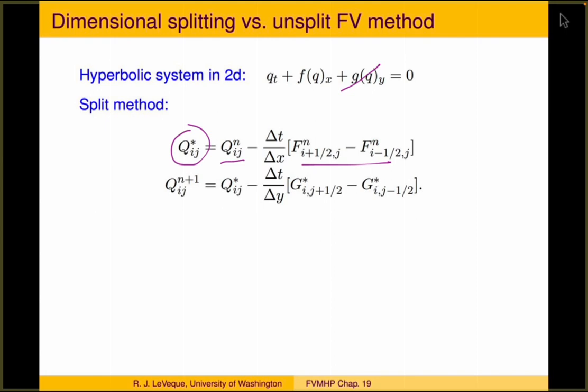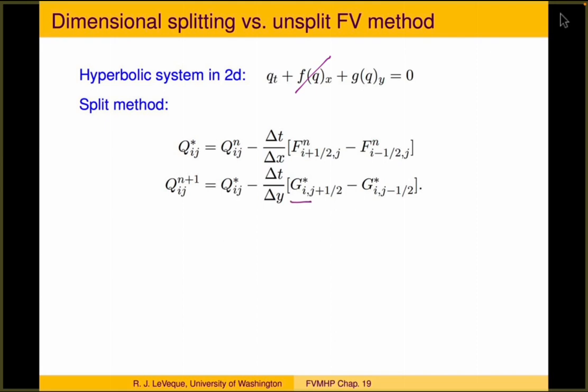And then once we've done sweeps across every row of grid cells and updated everywhere using the equation in the x direction, then we can go ahead and ignore these terms and solve qt plus g of q y equals 0 in the y direction.